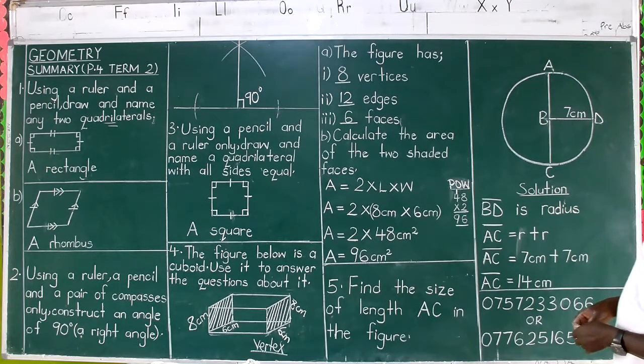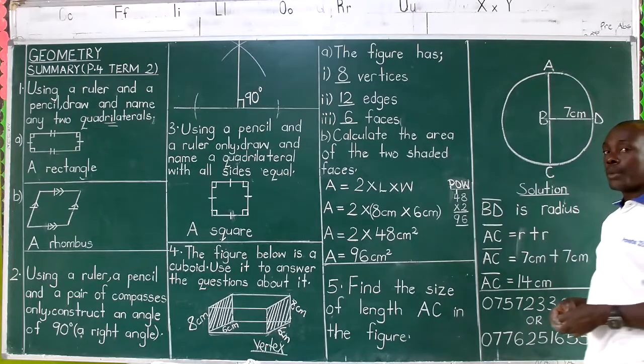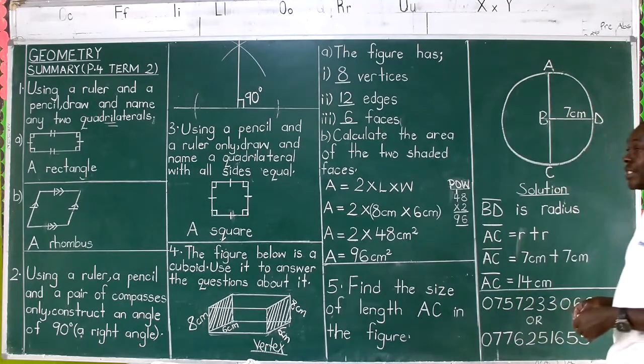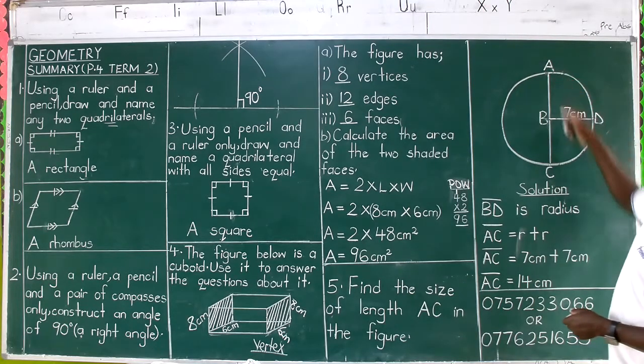Now the question is, find length AC. We have already identified length AC as diameter, and you are given BD. BD is radius of the very same circle. So if it's the very circle, then the 2 radii will make the whole AC.